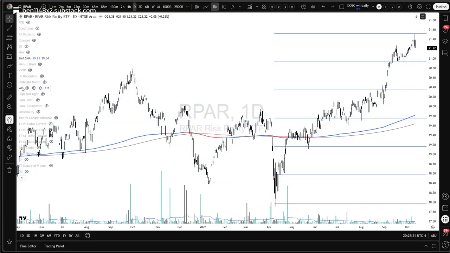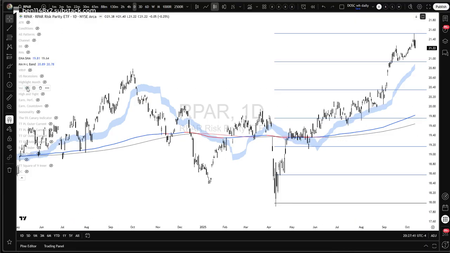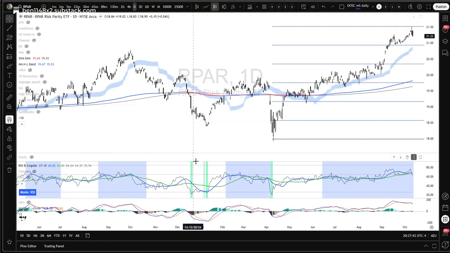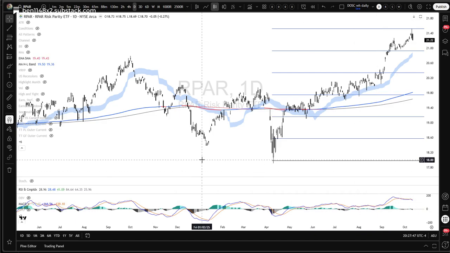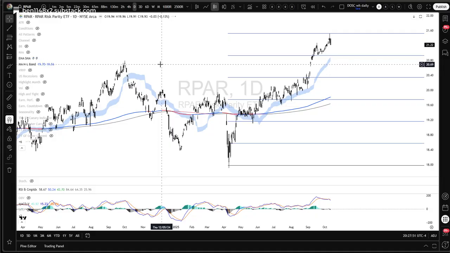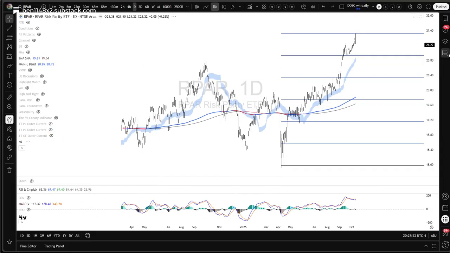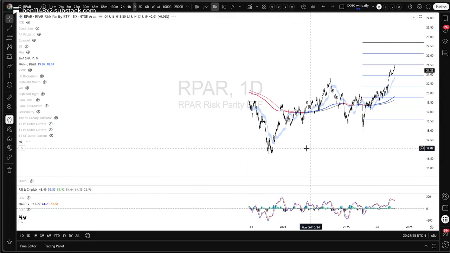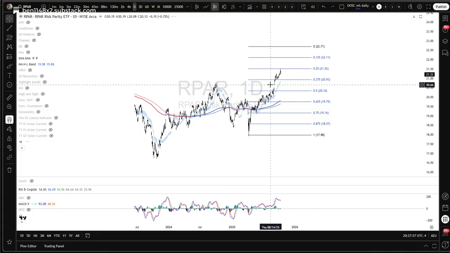I'll put the 65-week EMA with its 10-period simple moving average of itself. I'm going to take volume off, and I'll look at this with just a MACD. This is the volatility weighted MACD. So you've got this risk parity ETF, and this looks an awful lot like a break above a base, right?